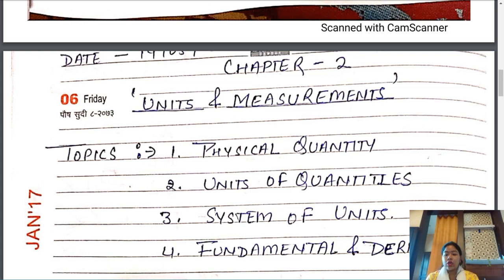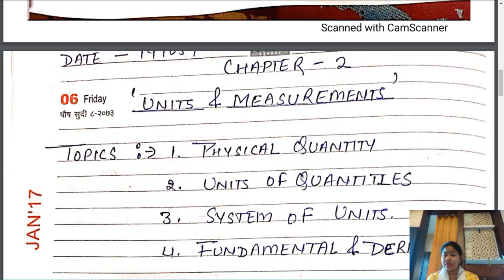Similarly, in many conditions, when we are going to the market and want to purchase something, it is not possible to count everything. So the need of measurement starts from that point. Measurement is the standard quantity of things, in which the quantity is included in a standard amount.